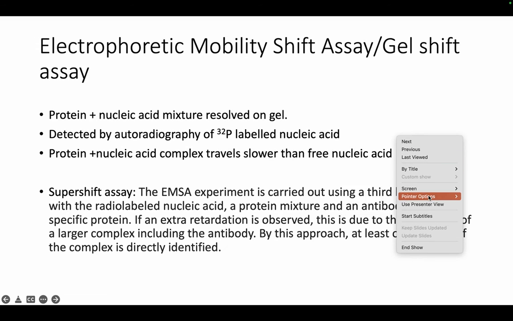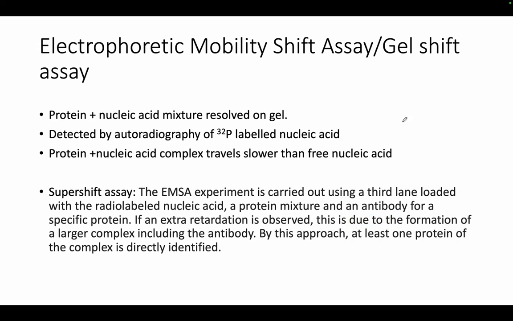Because I have my free nucleic acid, okay? That is going to give me a band over here. I have free nucleic acid with my protein. This is a bigger complex, so the band is going to shift upwards a bit.